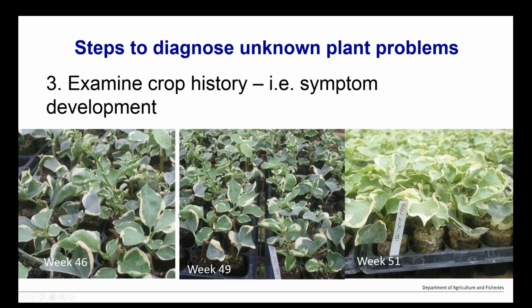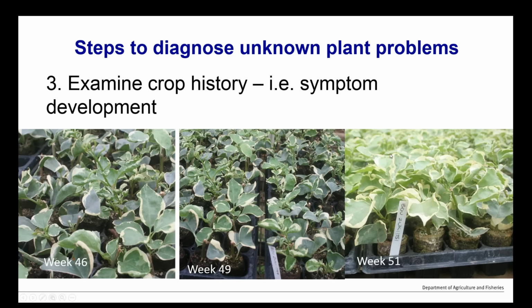So in this case here, we have one crop line. It's one variety of bougainvillea. And what you can see is at week 46, they started to get this deformed growth. Week 49, it's still present.